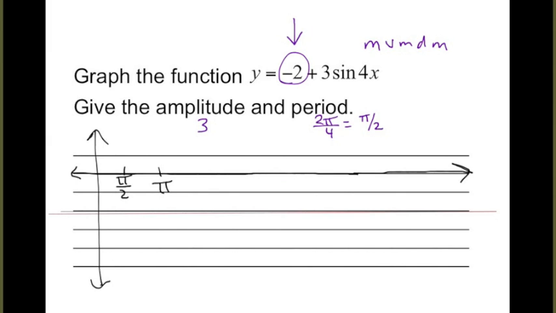So then we're ready to plot points, and sine begins in the middle, so it's going to begin on that new middle line. At the end of one period, it is back in the middle, and our period is only pi halves, so that is not over very far. And halfway between those, it's in the middle again. Between its first 2 middles, it has an up, and the amplitude is 3.